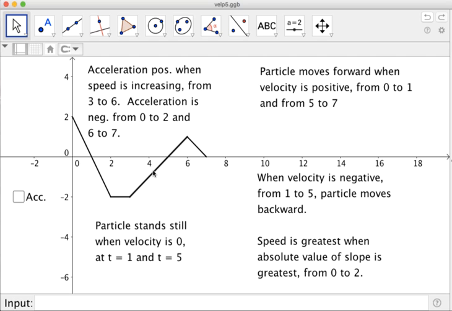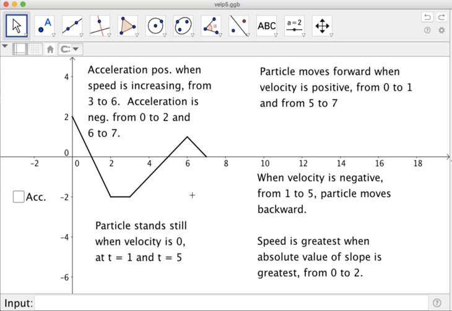So the velocity is negative, gets closer to 0, reaches 0, and then goes positive, but it's increasing over this whole interval. Acceleration is negative from 0 to 2, and again from 6 to 7, while there's no acceleration or deceleration from 2 to 3. So that means that in this case the velocity is not changing.